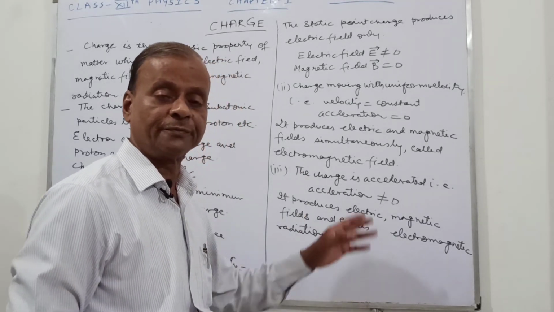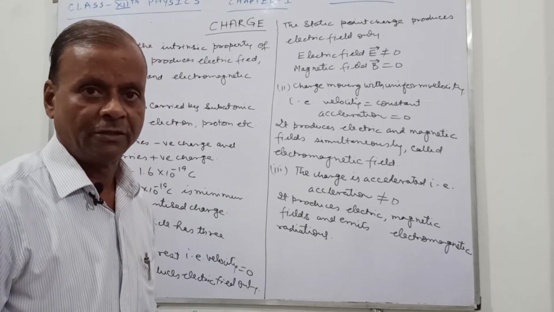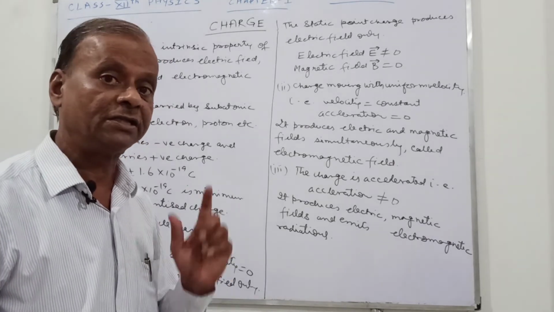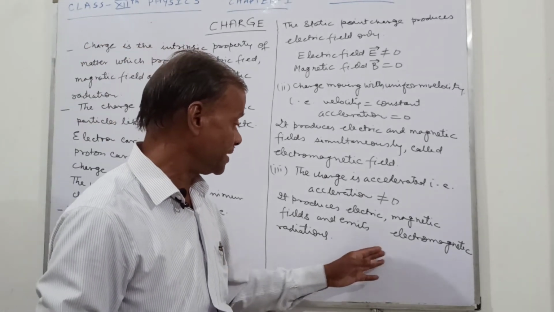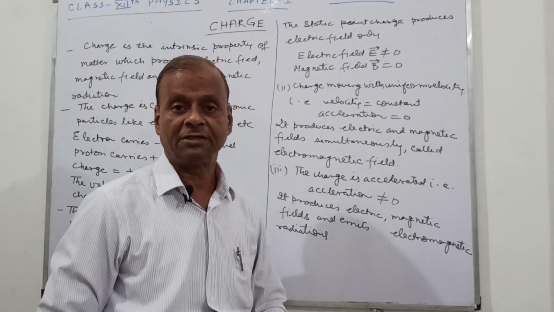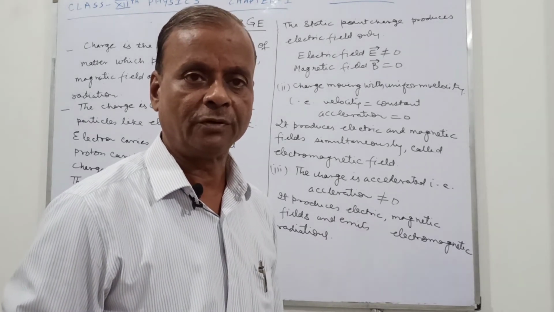But when it is moving with the uniform speed, then only the electric and magnetic field. When it is at rest, then only the electric field. So electromagnetic radiations are emitted when the charge is accelerated. Suppose we have an electric dipole.